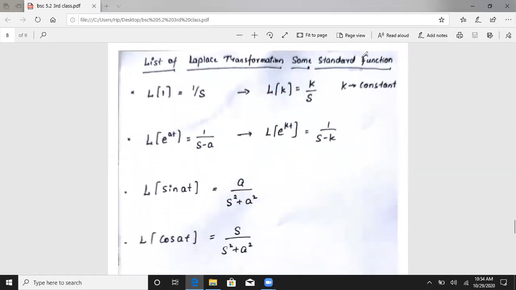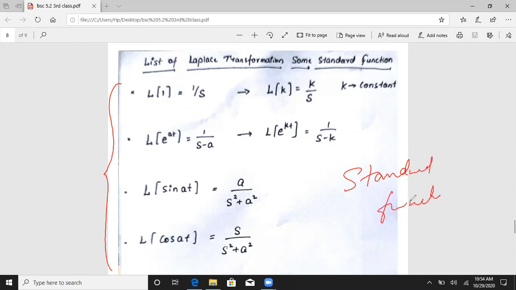This is important. You have to remember all these functions. These are called your standard functions, which means your formulas.